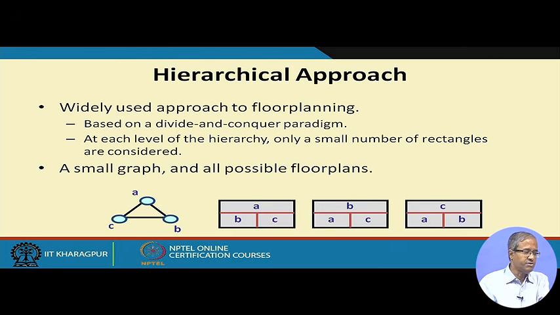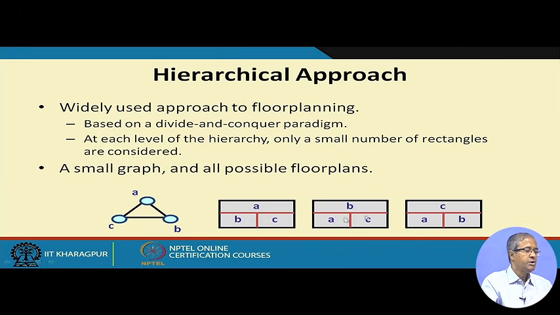Okay. This hierarchical approach is an interesting approach which is also quite commonly used. Here we use a kind of divide and conquer approach. That means we divide the problem into smaller sub problems which are easily manageable. Like we consider a small graph with 3 vertices, that means 3 blocks. These 3 blocks can be placed in 3 possible ways.